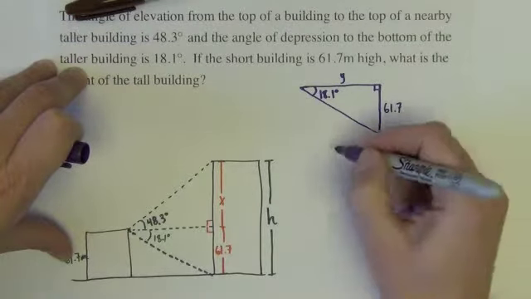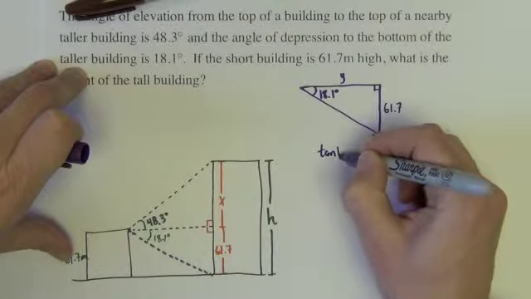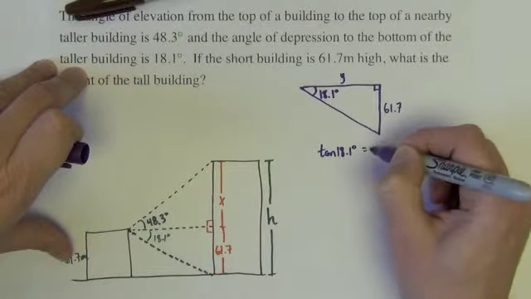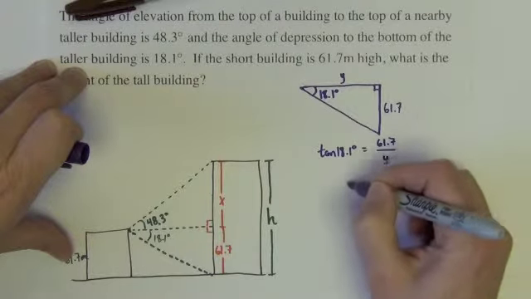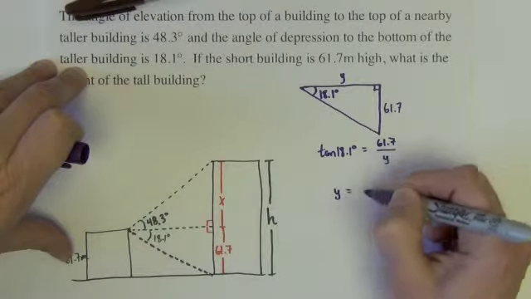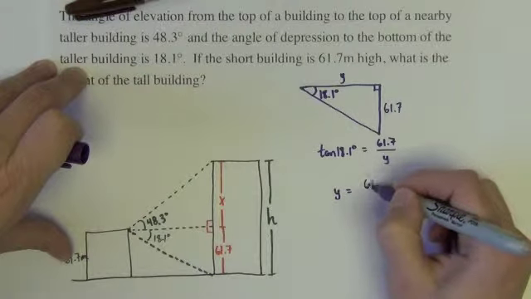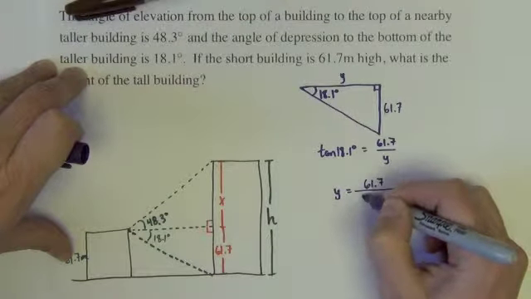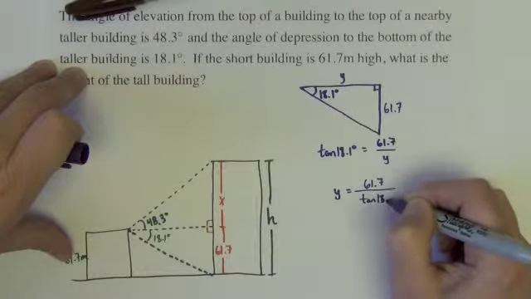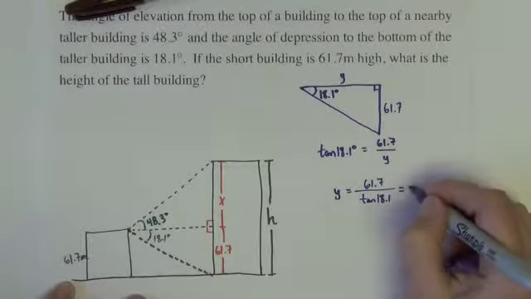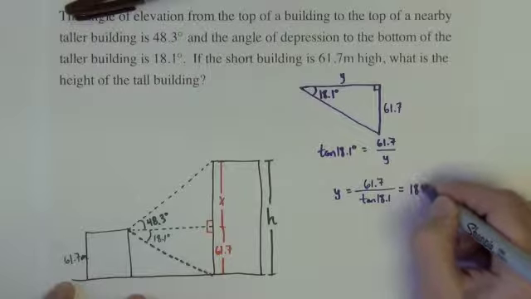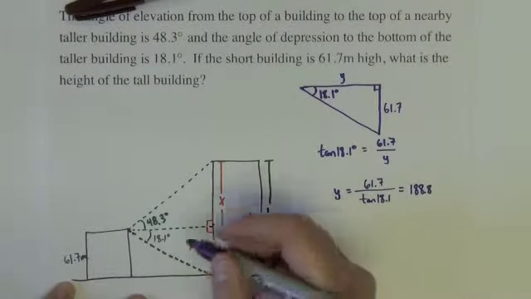I could say that the tangent of 18.1 degrees is equal to 61.7 divided by y. Therefore, y is equal to 61.7 divided by tangent 18.1. If you were to do that on your calculator, you find that distance is 188.8.